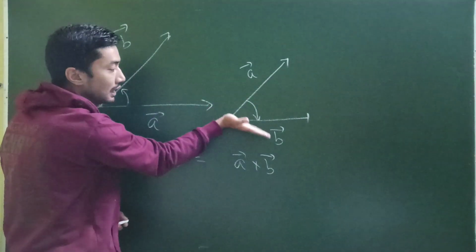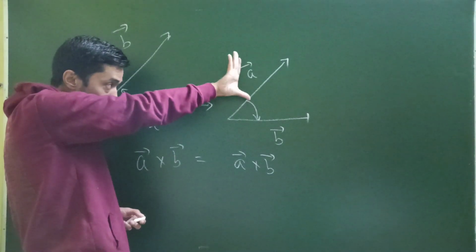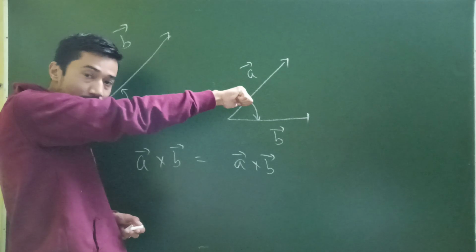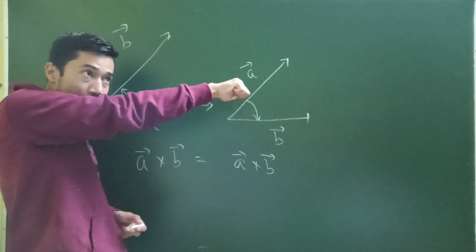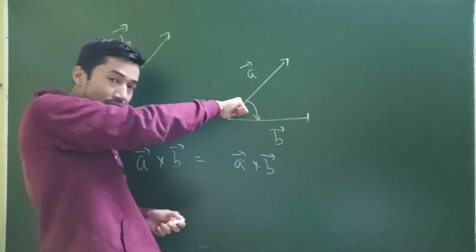That's the only way, because this way I cannot do it, isn't it? Because I have to curl my fingers towards B, A cross B. So my thumb is pointing inside. That means the unit vector will be in a direction pointing inwards of the board.